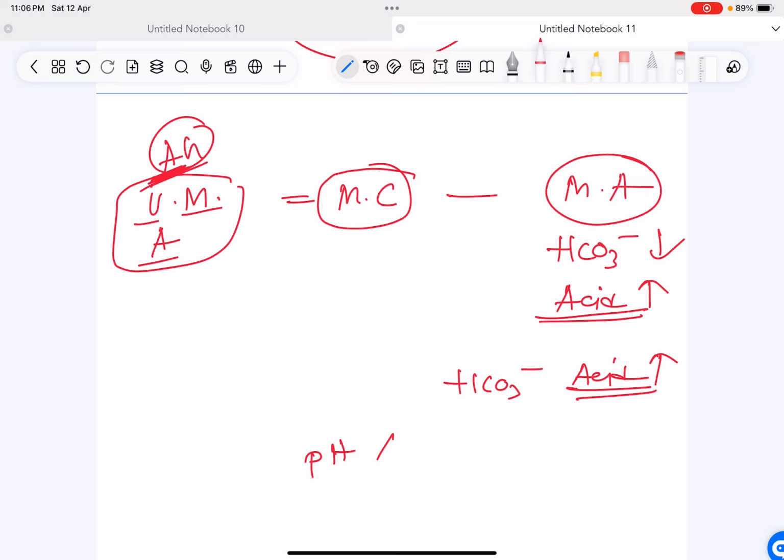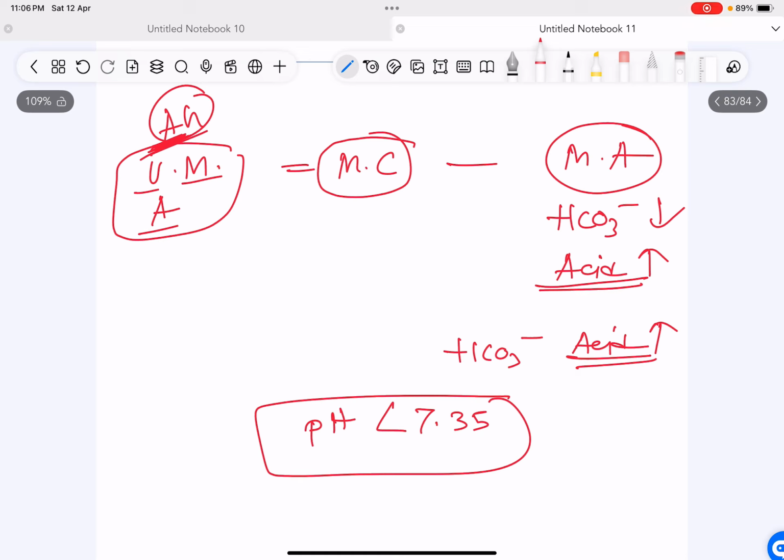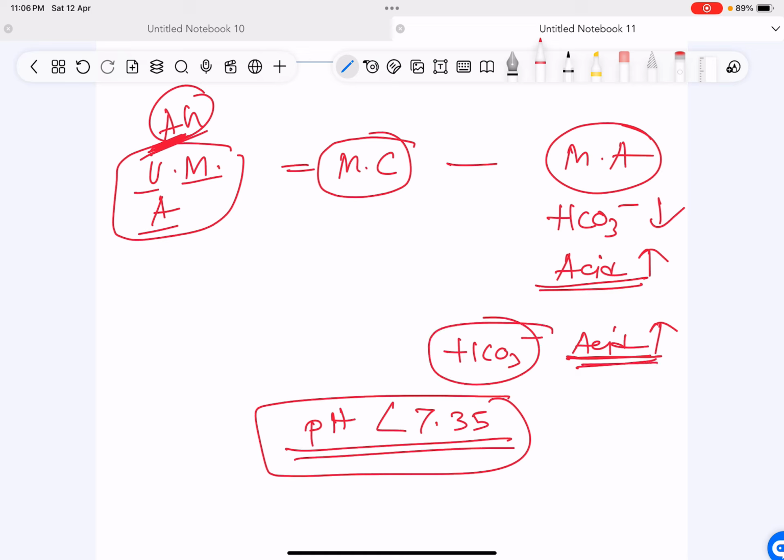Your pH is less than 7.35. That is the definition of acidosis. Now it can be metabolic or it can be respiratory, whatever. But acidosis means pH is less than 7.35. So if you are having acidosis, that means you have more acid. So even if the HCO3 minus is less, your acid is more. And this acid is your unmeasured anion.